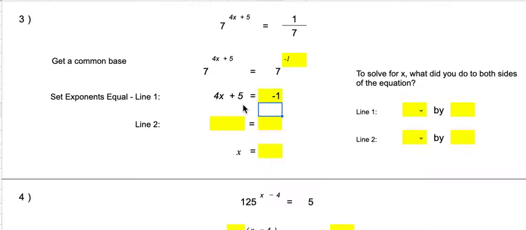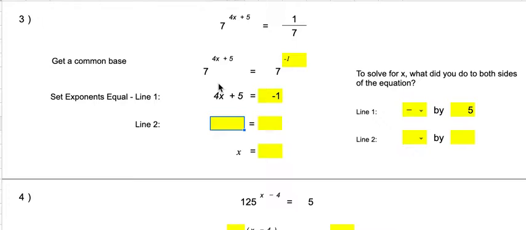So 4x plus 5 is negative 1. Well, I need to isolate for x, so the first thing I've got to do is subtract 5 from both sides. If I minus 5 on both sides, right?